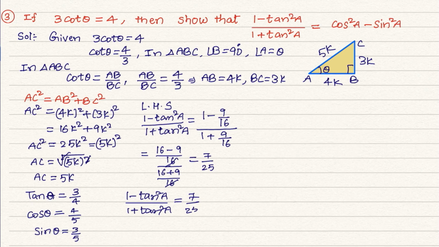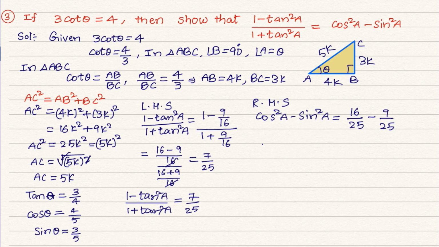Now let us simplify RHS also. So what is RHS? RHS is cos square A minus sin square A. So we have to substitute in this. Cos A is 4 by 5. So when you do square, it becomes 16 by 25. And sin A is 3 by 5. So sin square A is 9 by 25.